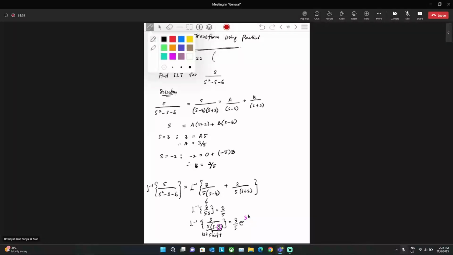This part is the same thing. The inverse Laplace transform of 2 over 5 times 1 over s plus 2 has the shifting property, so what is the value of a? a equals negative 2, so exponential negative 2t.